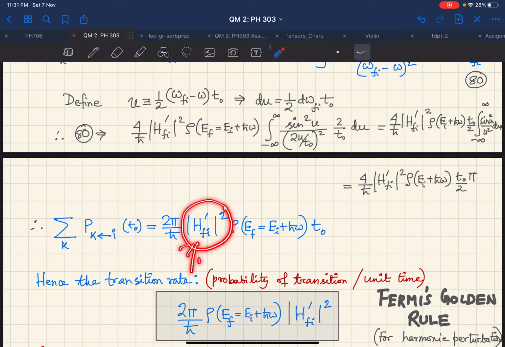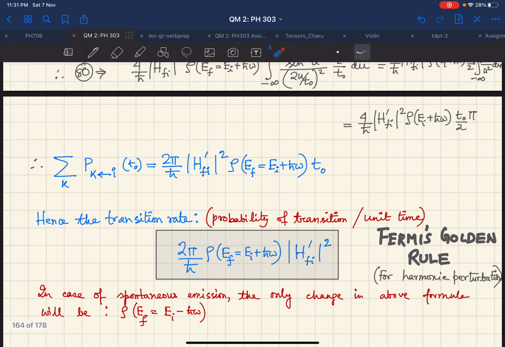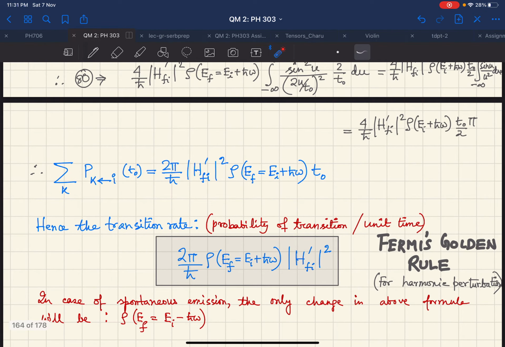Remember, this H prime fi is not the time dependent H prime fi, this is rather the time independent H prime fi, and then rho EF, and you know that this EF is nothing but EI plus h bar omega, and then there is your t0. Therefore, the transition rate again in this case, the probability of transition per unit time, that means dP I to f t0 by dt, if you calculate, this t0 will go away.